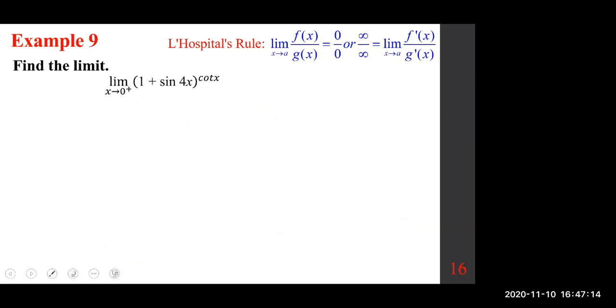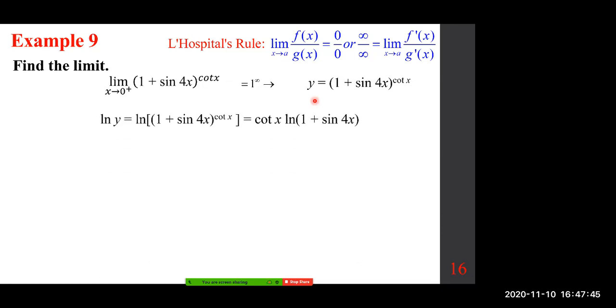All right. If we plug in 0, the base becomes 1 because this is 0, and cotangent is infinity, so we have 1 to the power of infinity. We're going to go through the same process. We're going to call this expression y, and I take the natural log of this, so cotangent becomes the coefficient.